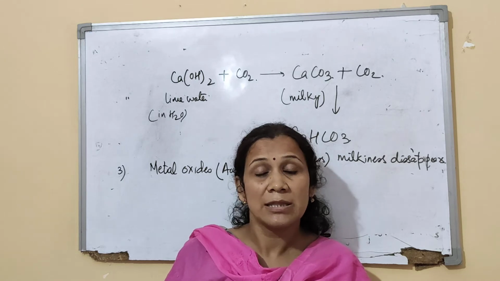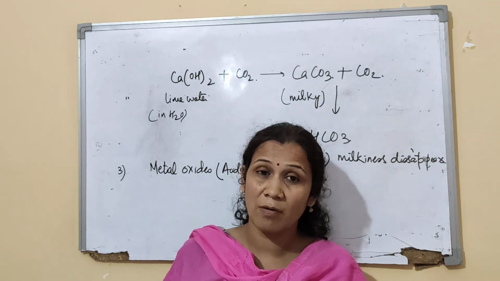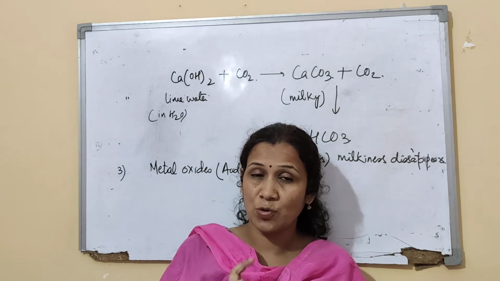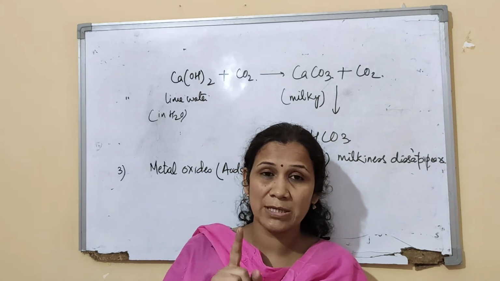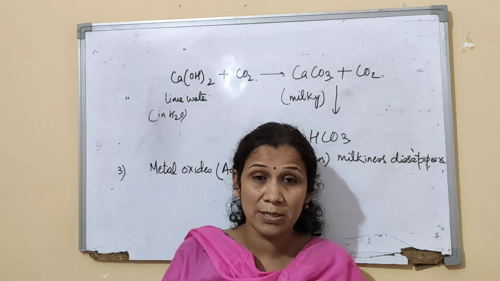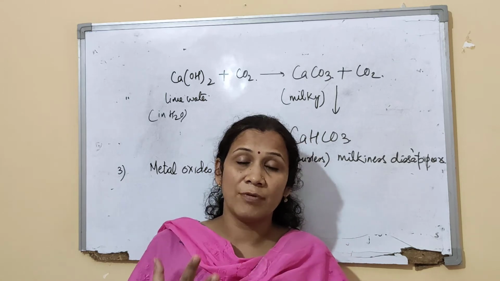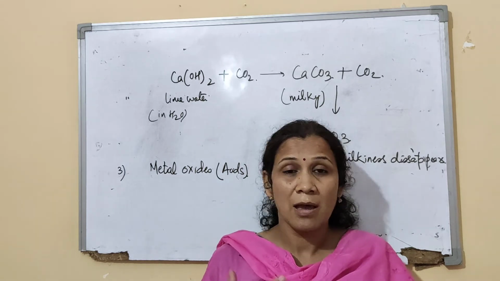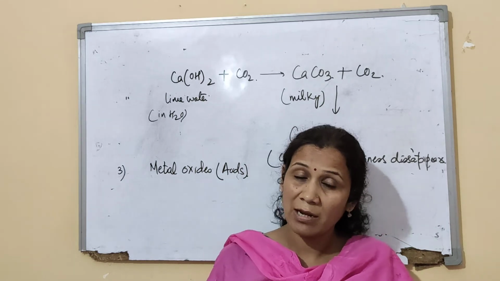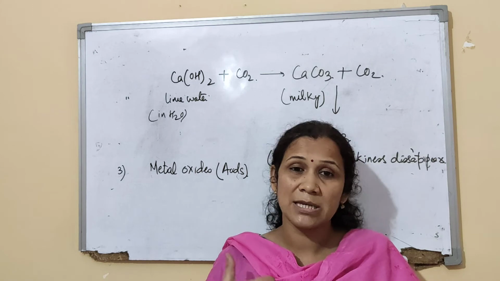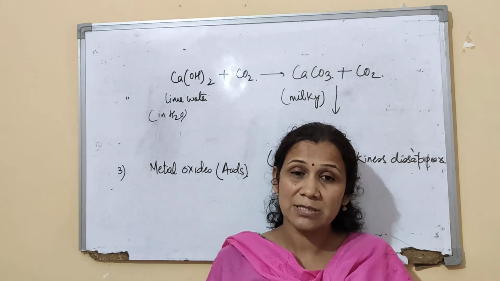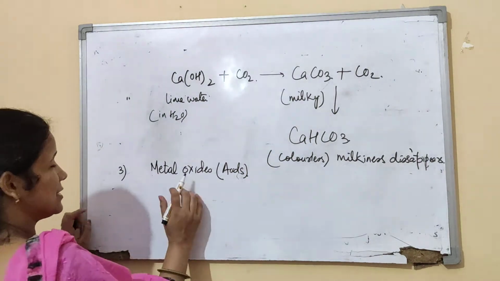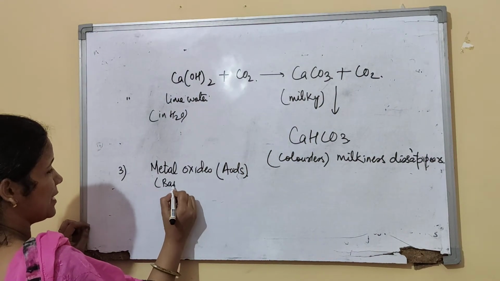Why? Because these metallic oxides when dissolved in water will make a base. Like Na2O, sodium oxide, when dissolved in water makes NaOH, which is a very strong base. Calcium oxide, when dissolved in water, becomes Ca(OH)2, again a base. Magnesium hydroxide, again a base. So they are all basic in nature, right? They will always turn red litmus blue. So these oxides are basic in nature.